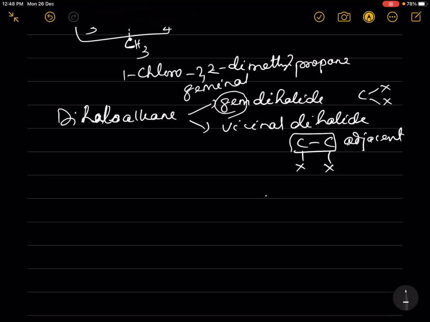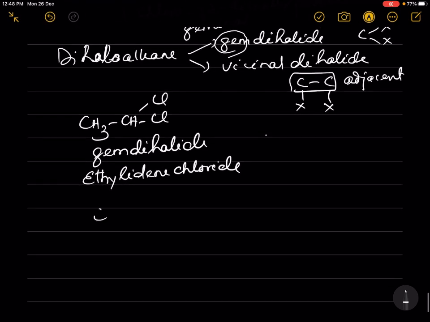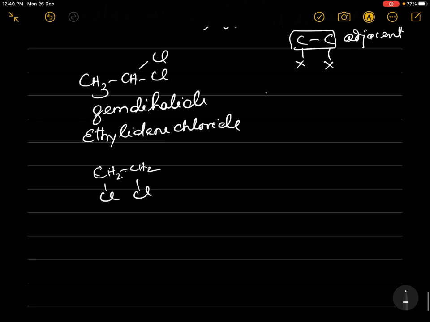You see CH3, CH, Cl, Cl. This is a gem dihalide. The name of this compound is ethylidene chloride. And CH2Cl, CH2Cl. This is ethylene dichloride.